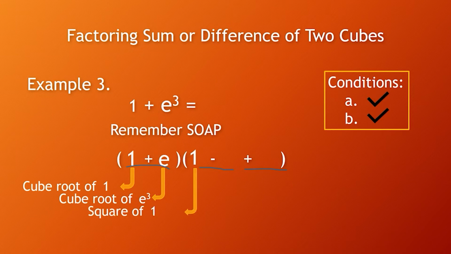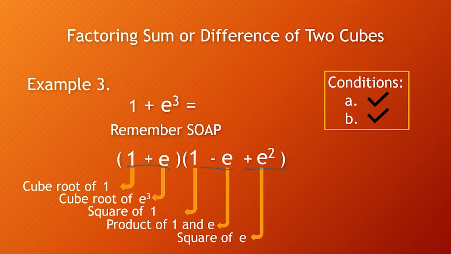Next, 1, which is the square of 1. e, which is the product of 1 and e. And e squared, which is the square of e. So the factors of 1 plus e cubed is the quantity of 1 plus e times the quantity of 1 minus e plus e squared.